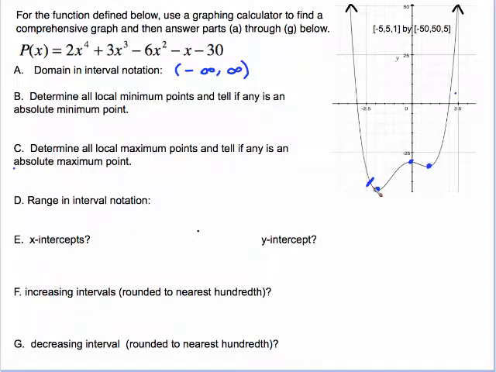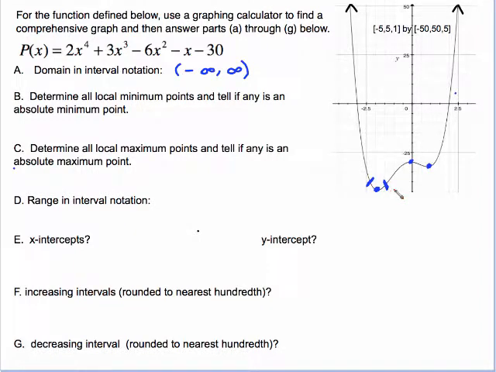Hit enter, because all you're doing is letting the calculator accept that value where your cursor was sitting. Now it wants to know what your right bound is. Use your right arrow to get over on the other side of that, which is about right there. Right bound question mark, hit enter. It says guess, hit enter.